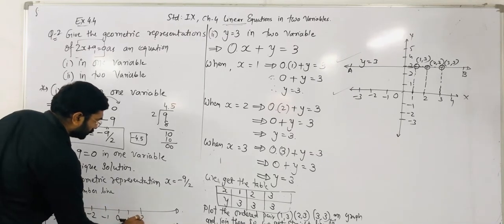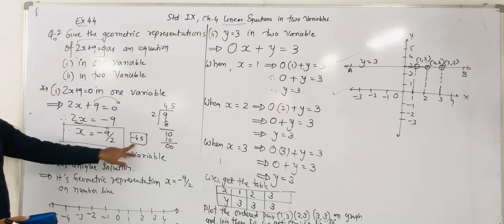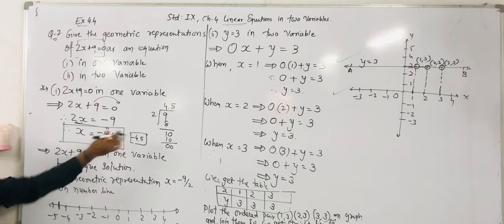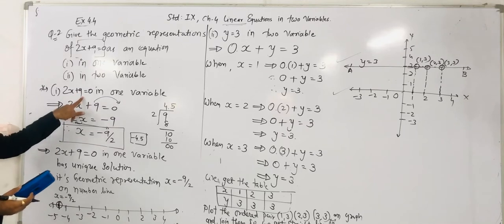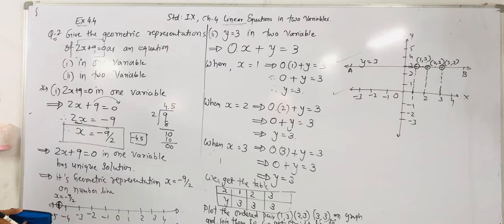This is 1, 2, 3, 4. As I told you, minus 9 by 2 means minus 4.5 in decimal form. So minus 4.5 comes in between minus 4 and minus 5, exactly the mid value. So here we have to plot the point and mention x is equal to minus 9 by 2.